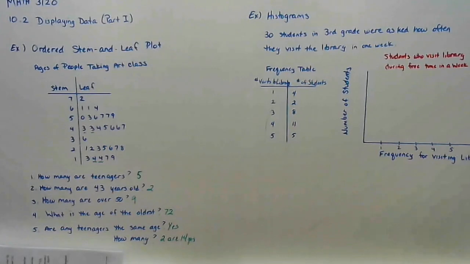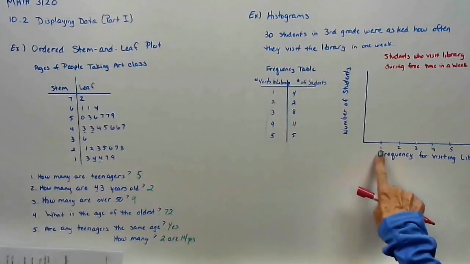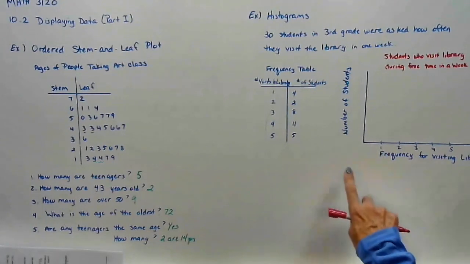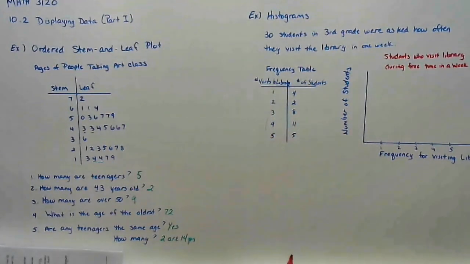And when you make a histogram, they're always connected. Histogram has no gaps. And the way we do this is we put the number of visits in the middle of our bar. So if I start with how many of them visited 1 time a week, we had 4 students.